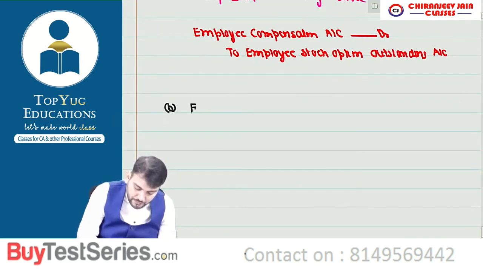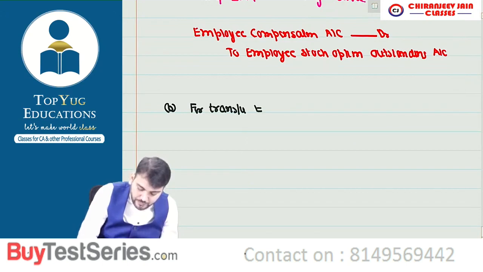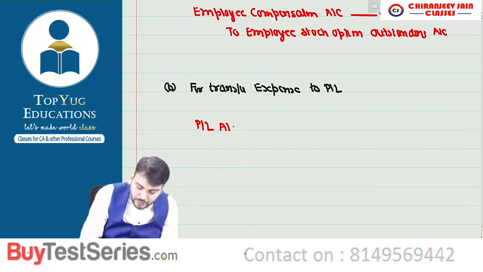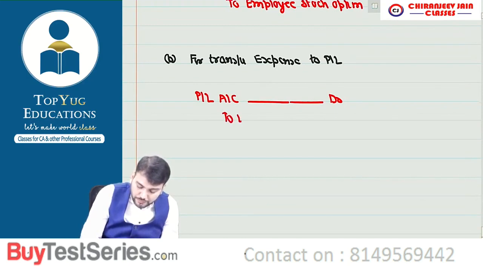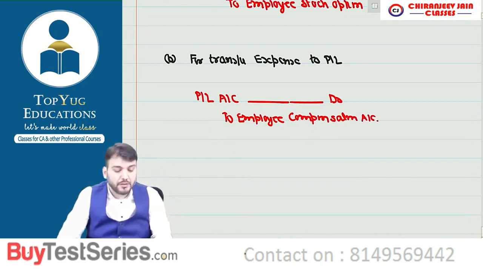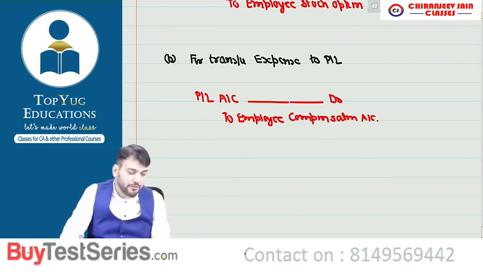Point B, for transfer of expense to PL. What journal entry? Profit and loss account debit to employee compensation account.